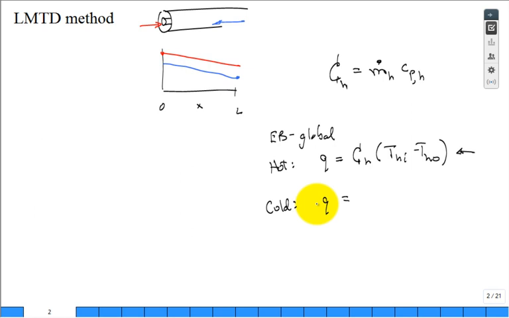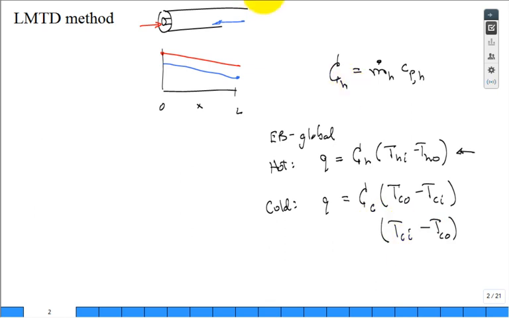Same Q, maybe 50 watts, 500 watts, 2,000 watts, whatever it is. And it's the heat capacity rate of the cold fluid. And this is a little tricky. I've got two options. Do I put temperature cold out minus temperature cold in, or temperature cold in minus temperature cold out for that temperature difference?